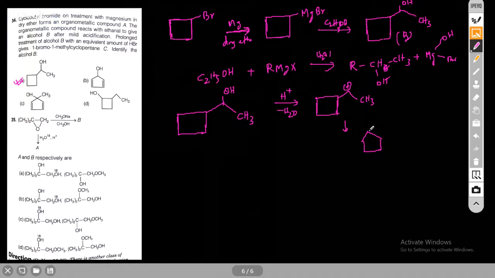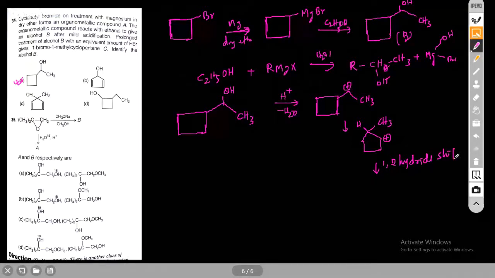Suppose we have CH3 here, one H will be here, and here we have the positive sign. Right? Now in this, what happens? This is a 2 degree carbocation. If this hydrogen comes over here, 1,2 hydride shift, then the carbocation will get here, that will be a 3 degree carbocation.